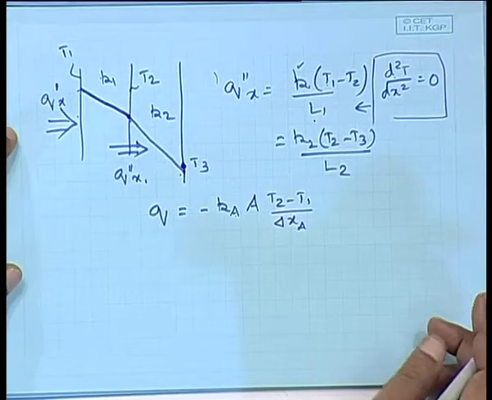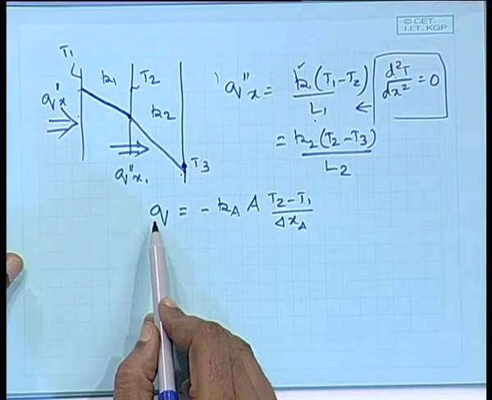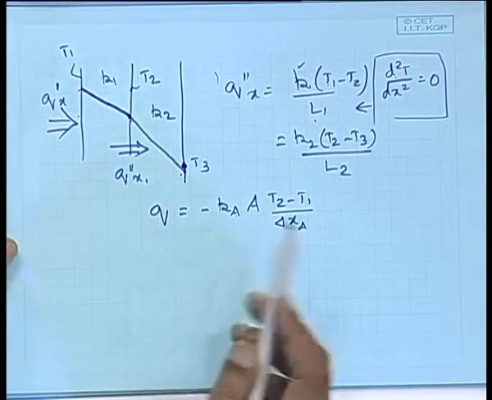Now, which is cause and which is effect here? In between Q and everything else, which is the cause? Temperature difference, not T, it is the temperature difference which is the cause. This is the effect.